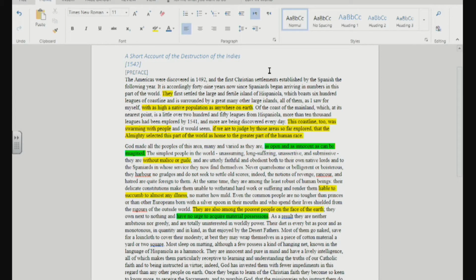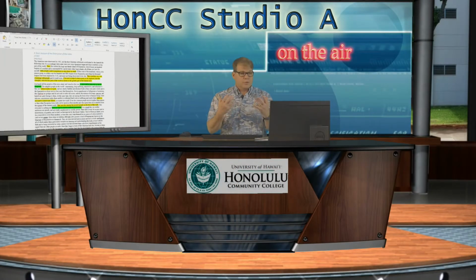So to the degree that we can imagine him as objective and a Catholic priest, we can assume here that he's telling the truth as he sees it anyway. We also have to recognize that he's probably reporting back to the Spanish Catholic Church or the Catholic Church in Rome, and he's also writing this for posterity. So one of the rare primary source documents that's actually being written for us, for you and me.